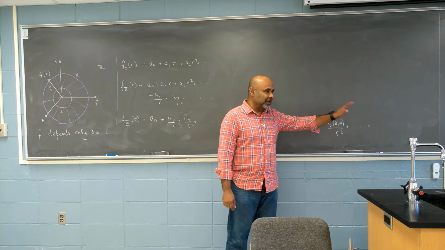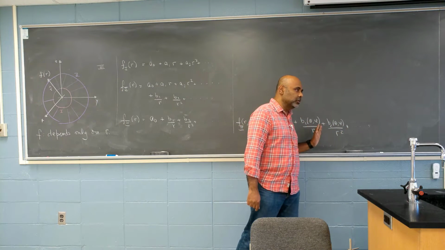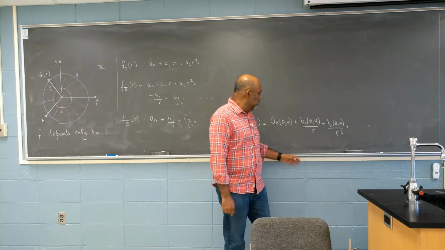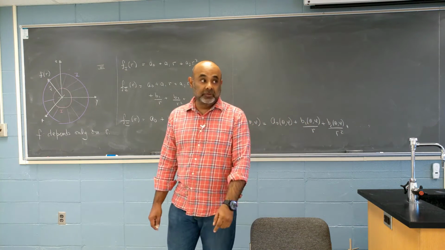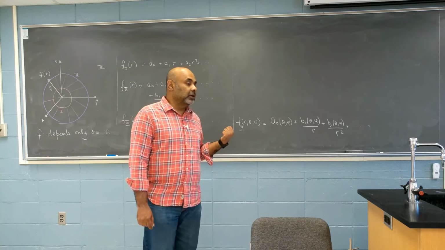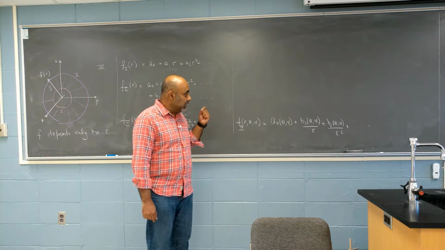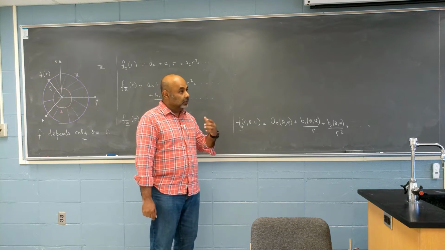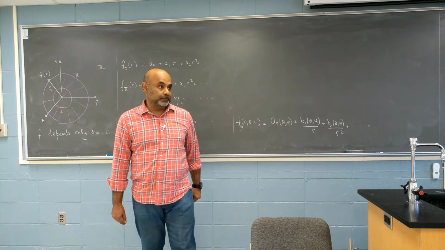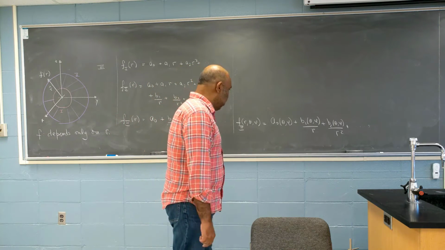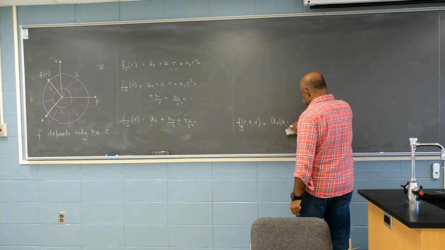Well, that goes to 0 faster, so we don't have to worry about that. It goes to 0 much faster. But the leading order term is how we describe the function. So if I say the function is of order 1 over r cubed, that means a0, b1, b2 are 0. The first non-zero term is b3. All right, so that is another fact we need.